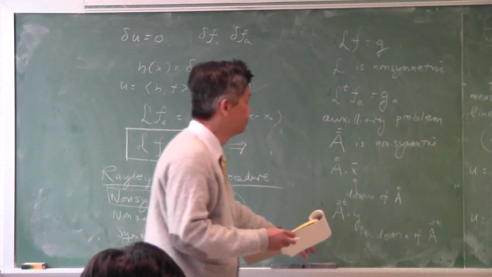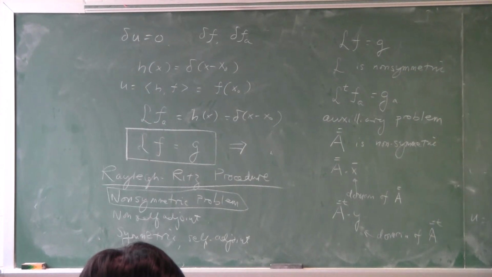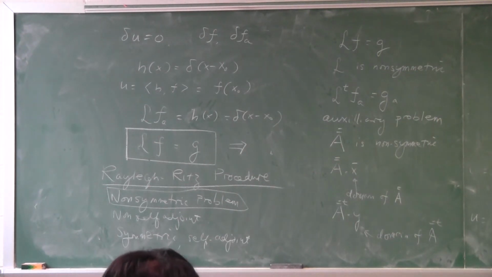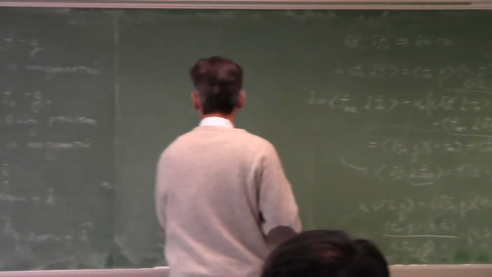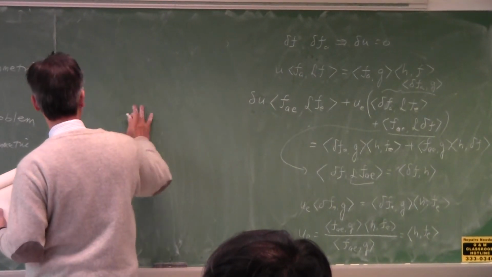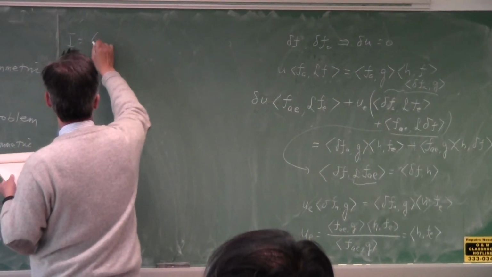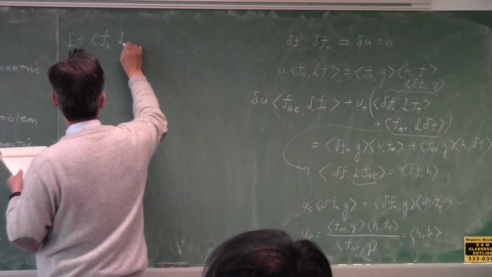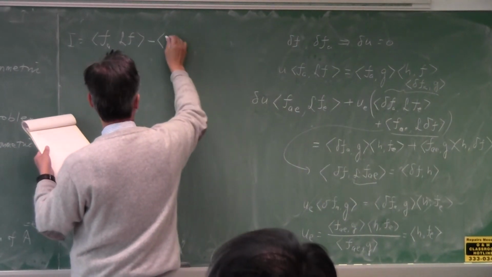And I just want to mention that in that case, the linear functional that now minimizes or optimizes this problem is such a functional. You can define a linear functional.